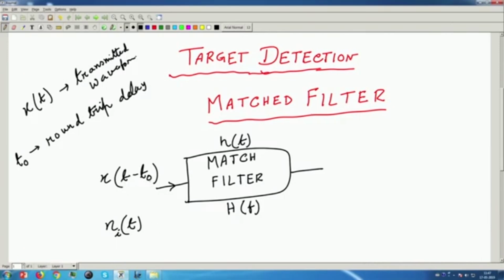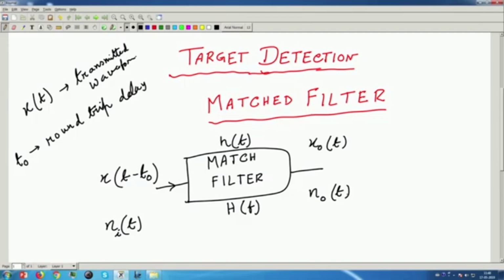This is an analytic, deterministic signal, and this is a sample value of the noise that I am calling a sample function. So, at the output, the signal part will be changed to x_o(t), and the noise part after passing through this matched filter will generate noise like n_o(t). So, this is my picture.